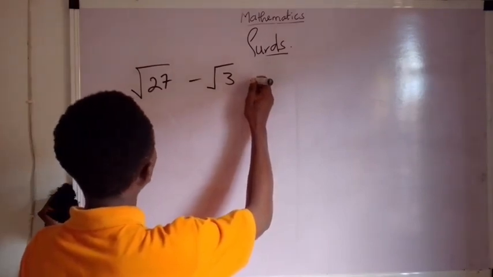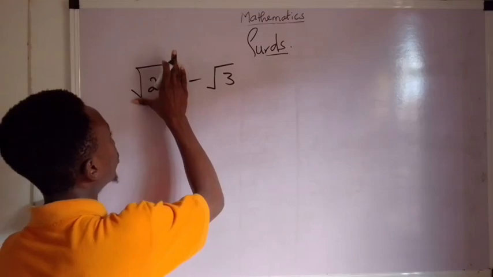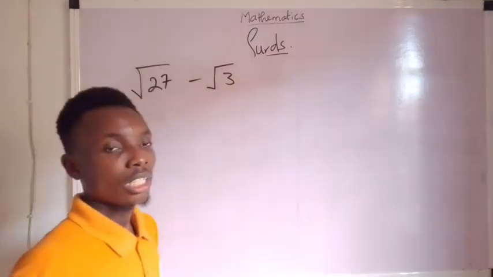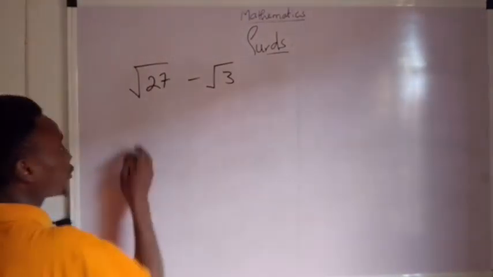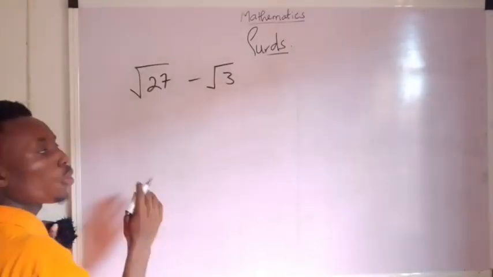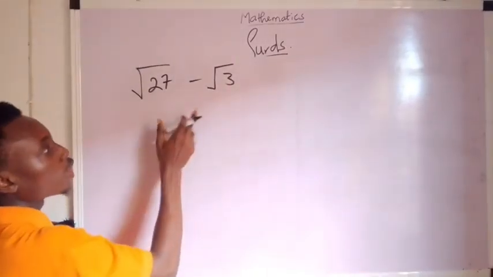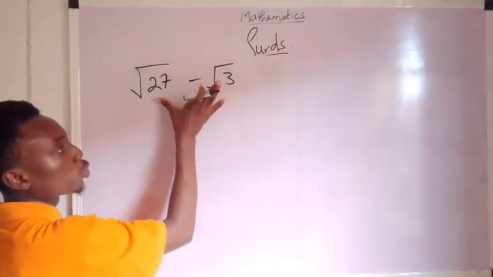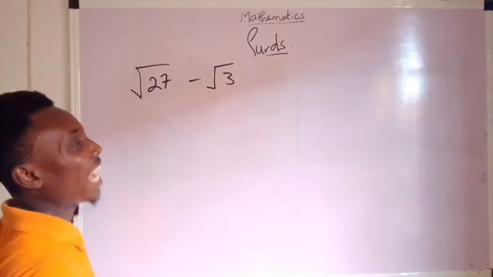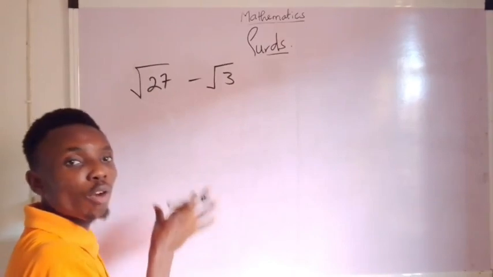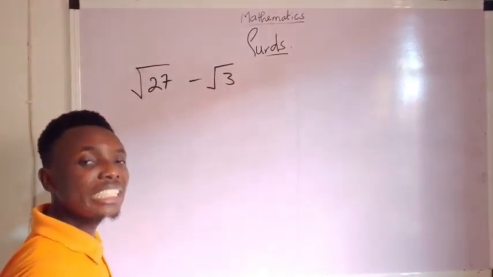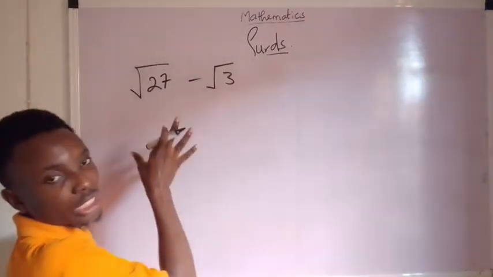We will convert this one in a way. Now, remember that I just told you that when you have this, you can convert it to look like something with root 3 so that you can now apply the law of addition to add these surds together. Having that chart I just told you to create that contains the squares of numbers makes it easier for you to solve questions like this.